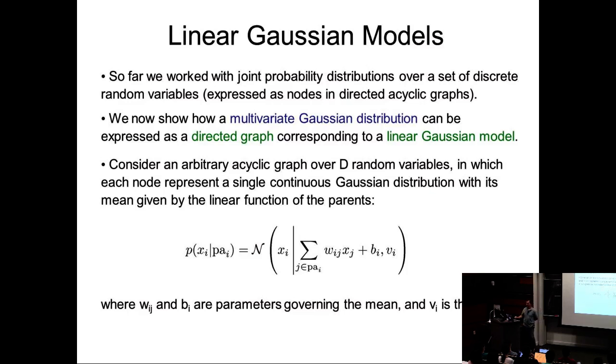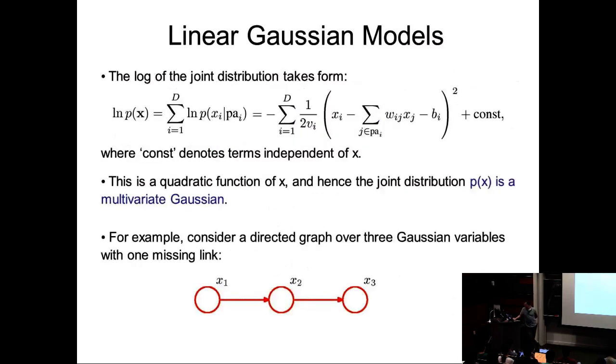Does that make sense? Very simple model. Take the weighted average of my parents, that's my mean, and I add some noise to it. w_ij and b_i are the parameters governing the mean, and v_i is the variance.